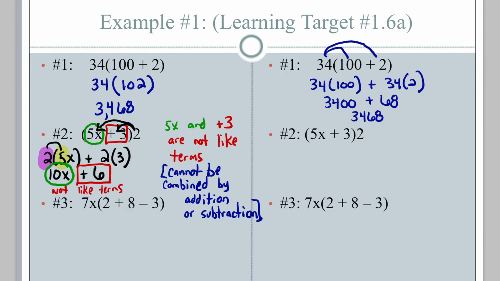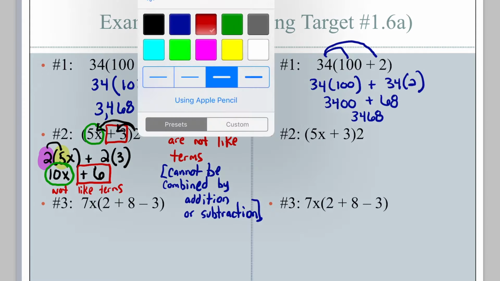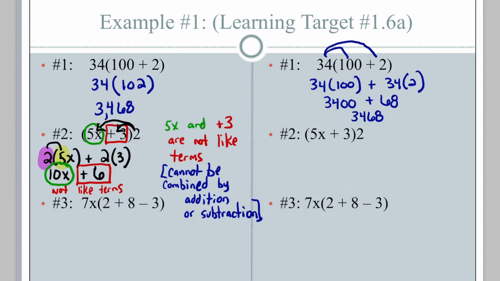For that reason, we have a simplified expression of 10x plus 6 as our final answer. And in example number 2 to the right, I'm not going to work it out completely, but it does not matter which direction we distribute it from, we still end up with 10x plus 6 as our final simplified expression.